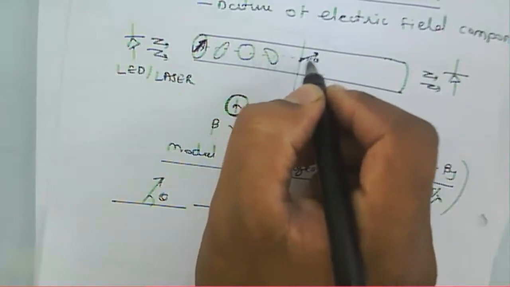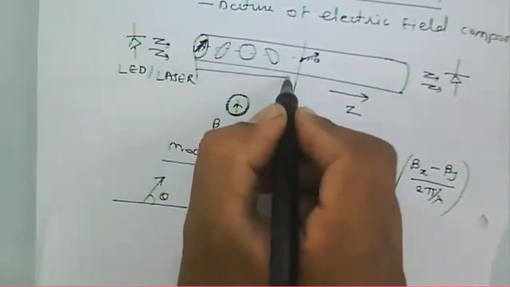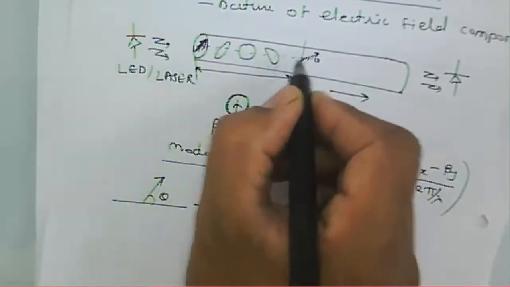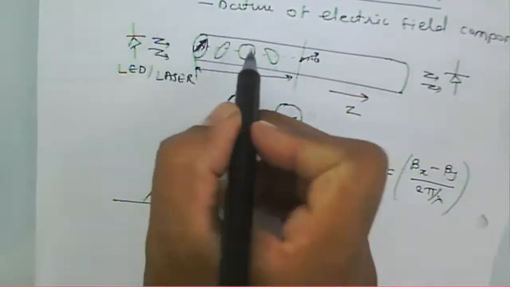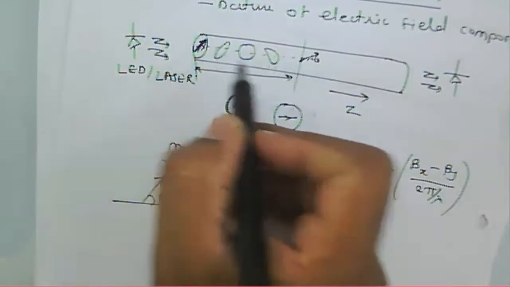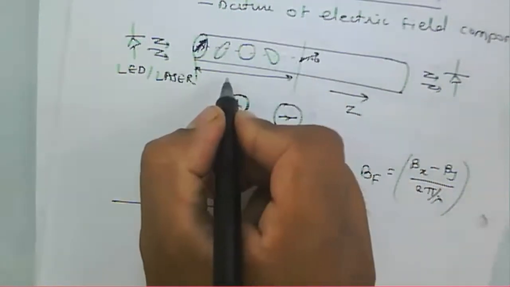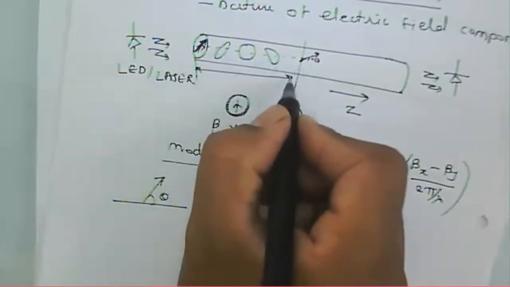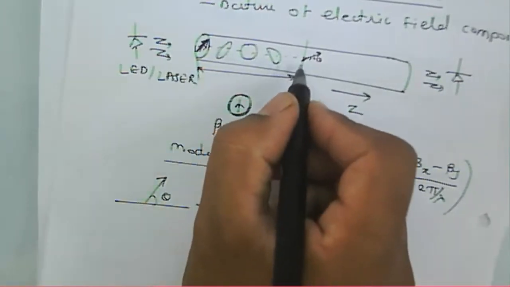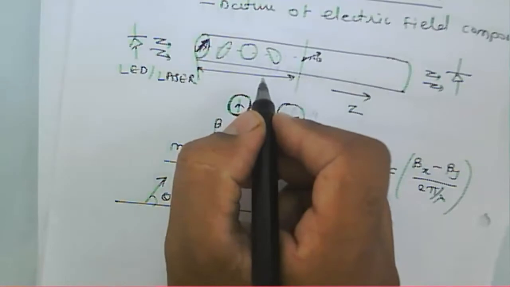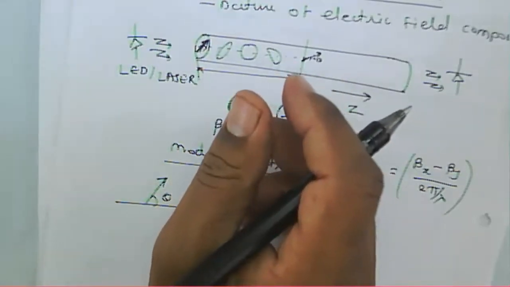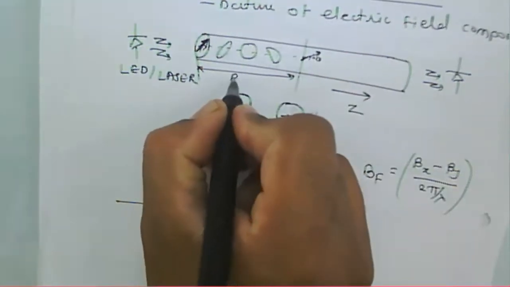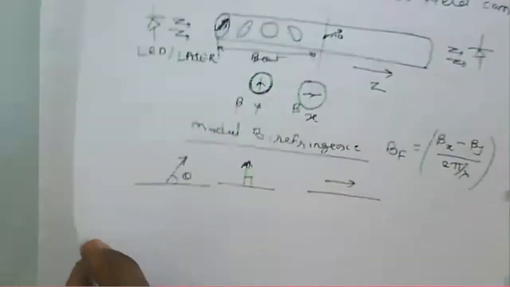So we can have different natures of a ray propagating through the fiber, but at some particular length the ray has the same nature, that is, it is linear again. The distance where the nature of the ray is the same is called the beat length.